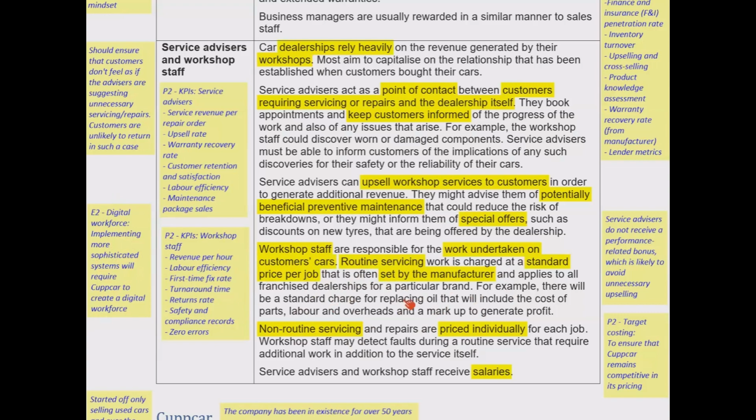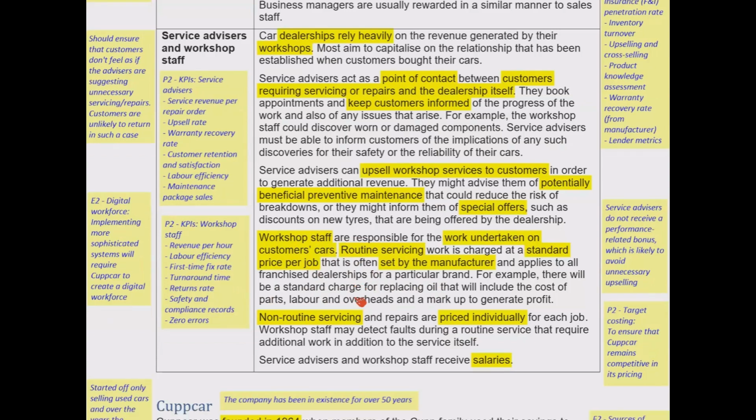So obviously we don't want lots of time spent on a repair because time is money. So a good KPI here would be revenue per hour. You know, we want revenue from doing the servicing, but we want it to take as little time as possible. Labor efficiency, the turnaround times, you know, all of these KPIs relevant to the workshop staff are about managing the costs and their efficiency.